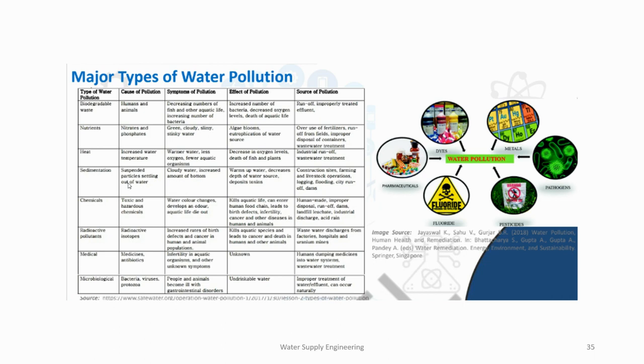The presence of chemicals is detected by stinking smell, cloudy or colored appearance, and death of aquatic life, and this may even lead to diseases for humans, may lead to birth defects, infertility, cancer, etc. These chemicals are usually human made and end up in water bodies due to improper handling by humans.